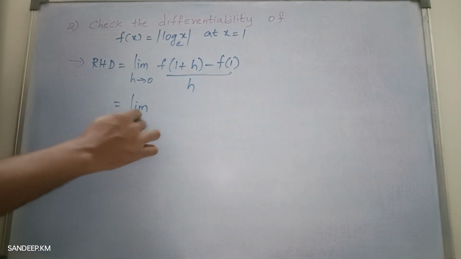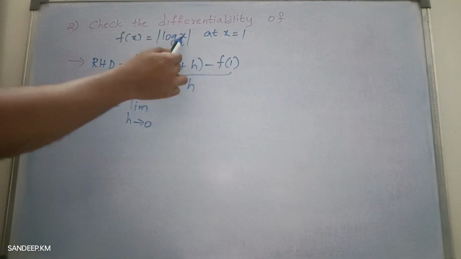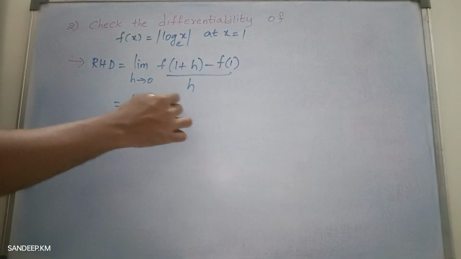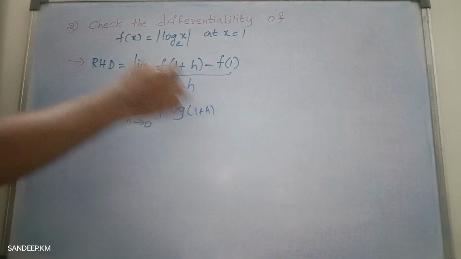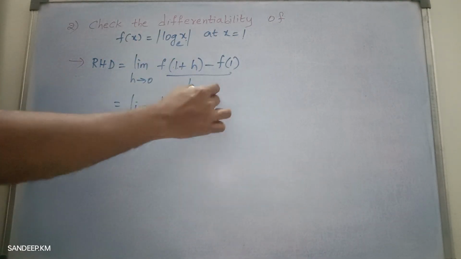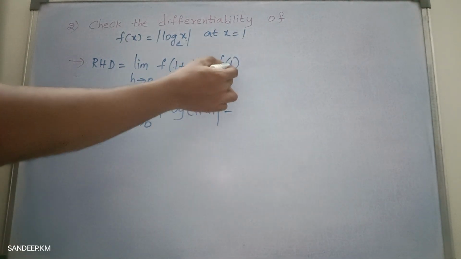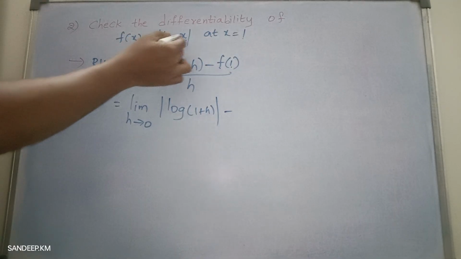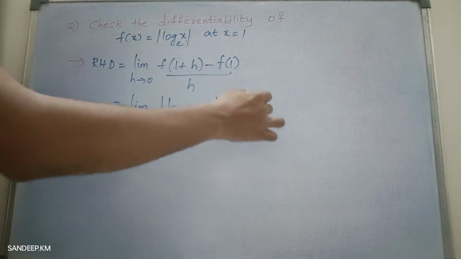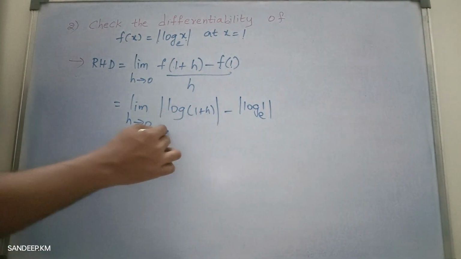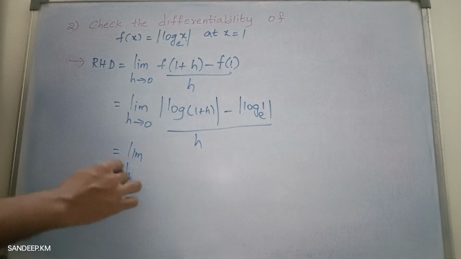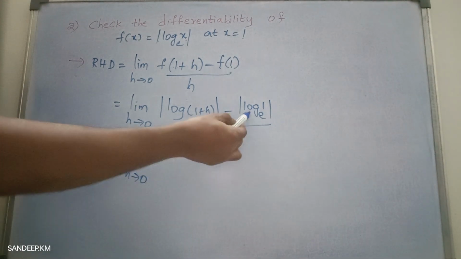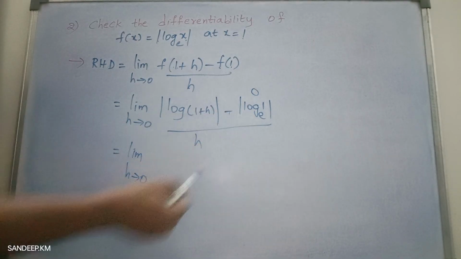Here the value of a is 1. So limit h approaches 0, f of 1 plus h means mod of log of 1 plus h, instead of x we are writing 1 plus h, minus f of 1. F of 1 means mod of log 1, and you already know that log 1 is 0, whole divided by h. So limit h approaches 0, log 1 is 0, we can ignore this, minus 0 is not needed.